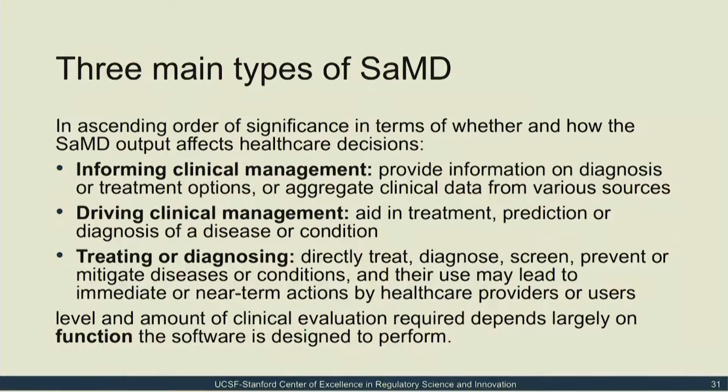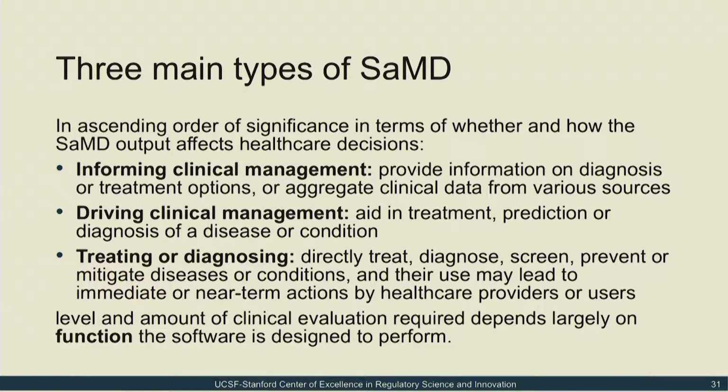Now, with this definition, and according to the guidance, there are three main types of software as medical device, depending on how the output of the software affects healthcare decisions. In other words, depending on the clinical function that the software is designed to perform. Software may inform clinical management, that is, provide information on diagnosis or treatment options, or aggregate clinical data from various sources.